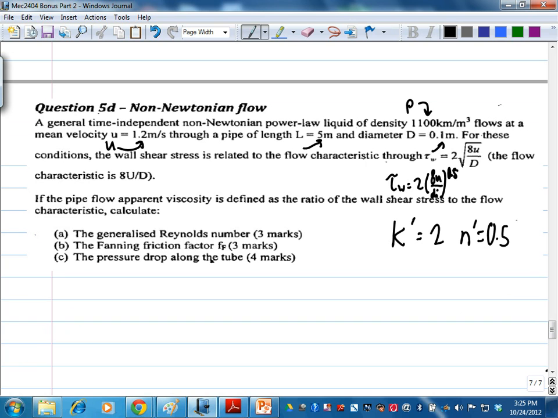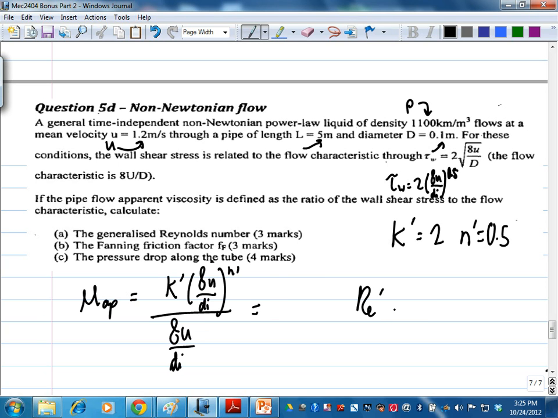Generalized Reynolds number: mu AP is equal to K prime times 8U over D to the power N prime minus 1. Then RE prime is equal to rho U D over mu AP. That's the standard procedure we always follow.